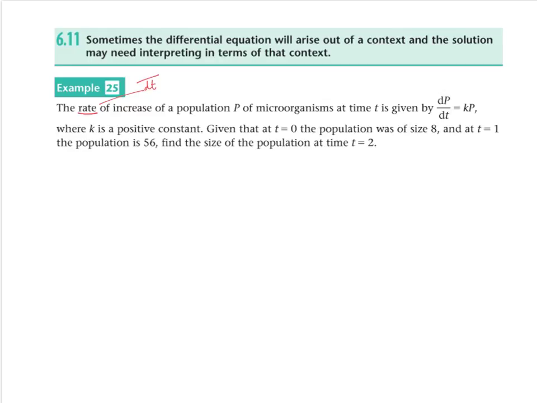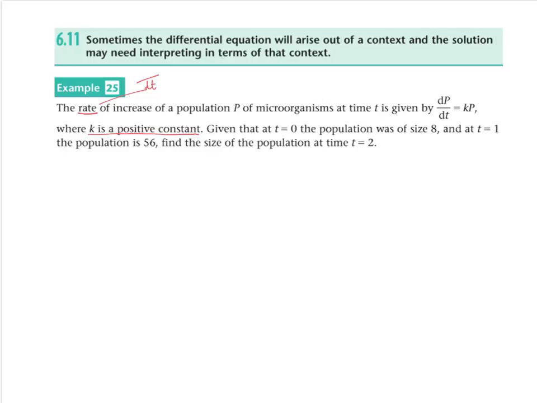The increase in population of microorganisms at time t is given by dp by dt is equal to kp. k is a positive constant, so remember that when we're working it out towards the end. Given that t is equal to 0, so these are called the initial conditions, so usually at initial conditions t is equal to 0, some other things will be equal to 0 as well.